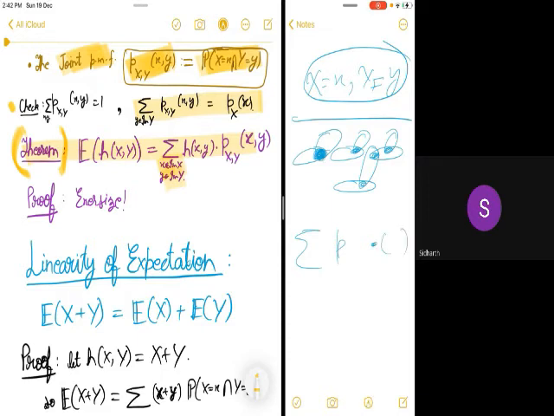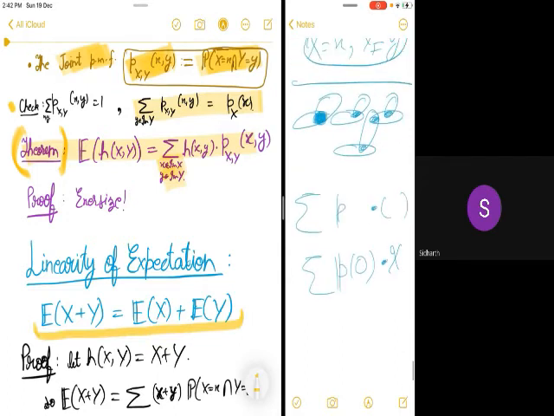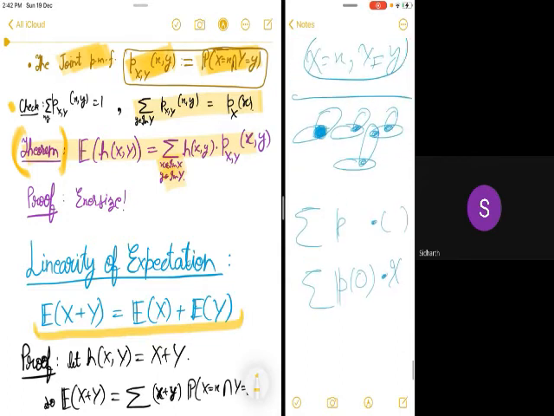And then you write the expected value of X similarly, as the sum of the probability of these intersection regions times the value of X at these intersection regions, and similarly for Y. Then this result immediately follows from the fact that sums are linear. Do you get this intuitively?